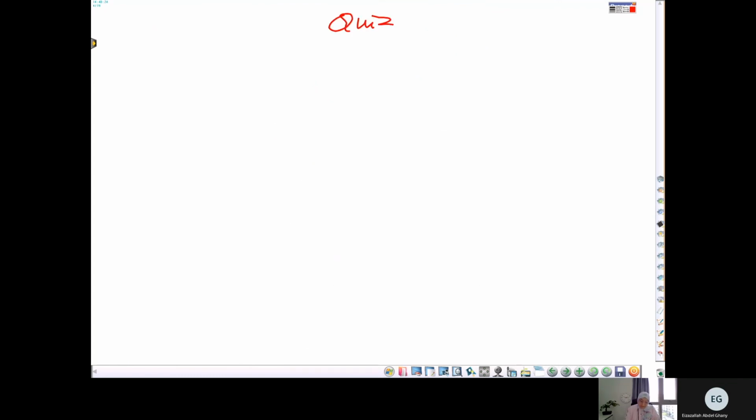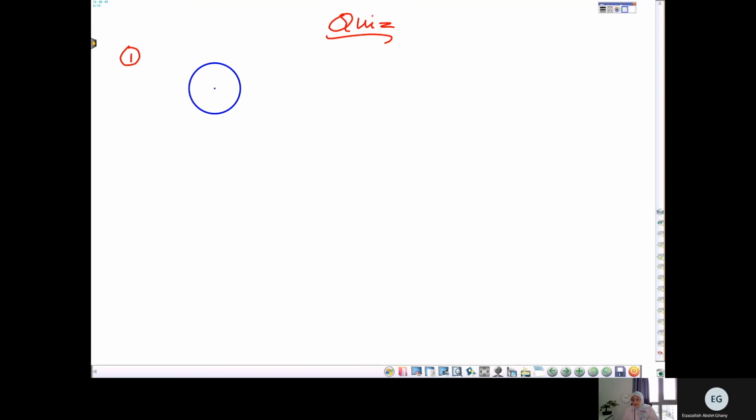Now we're done with examples and we can take a quiz from the exercise. Question 1, time for quiz. Question 1, a ball of mass 0.5 kilograms is at rest when it is struck by a bat and receives an impulse of 15 Newton second.